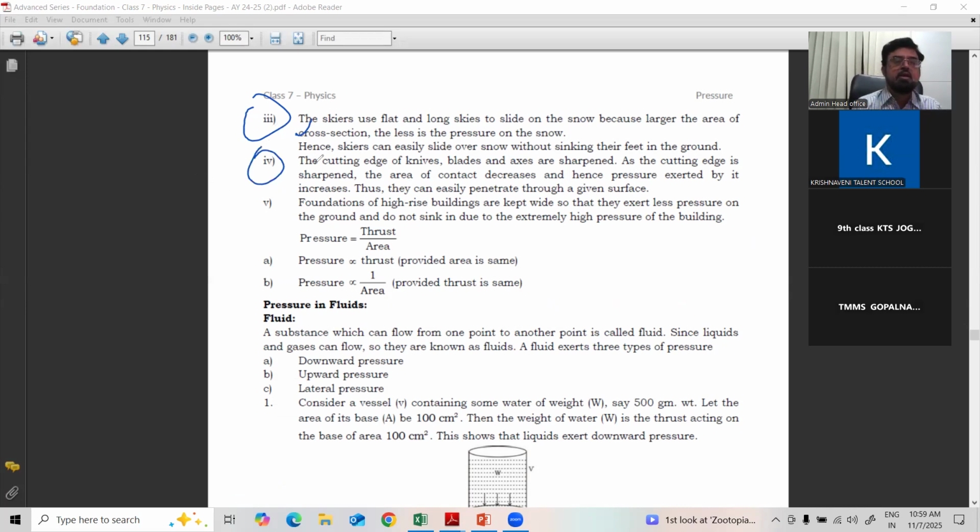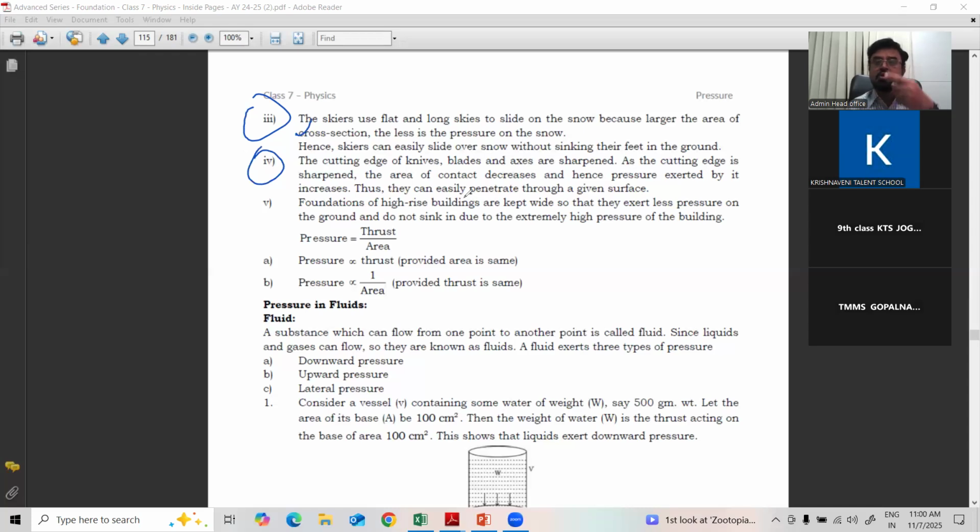Then the cutting edges of knives, blades and axes are sharpened. Why do you keep sharpening the knife or axe every time? Because when the area is less, pressure is more. As the cutting edge is sharpened, the area of contact decreases. So when area decreases, pressure increases. When pressure increases, we can cut vegetables or wood easily.